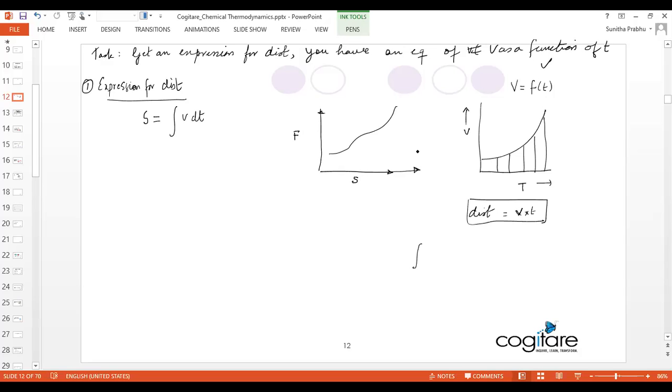This I explained to you, right? If I want S, I will say S is equal to the integral of v dt.